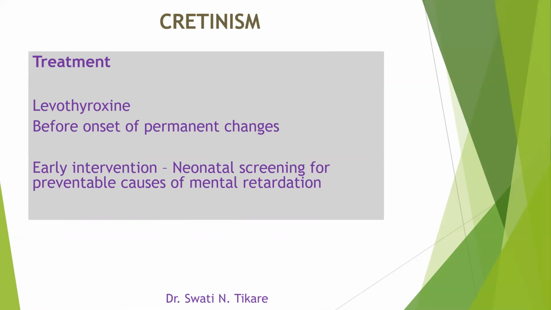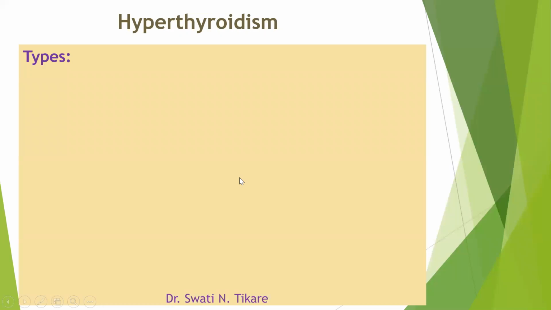A neonatal screening has to be done to prevent all causes of mental retardation, one of them being cretinism. And the simple cause can be iodine deficiency in a mother. So all this has to be avoided and prevented for cretinism not to occur. So that was about hypothyroidism.